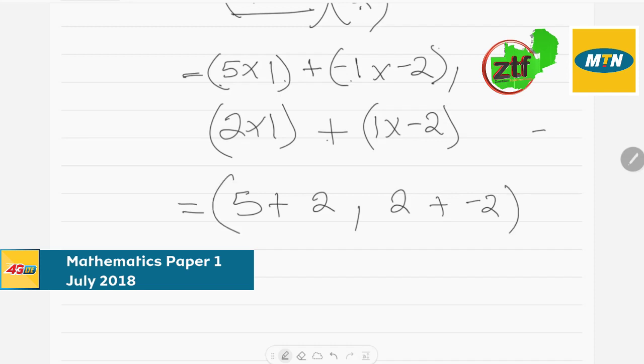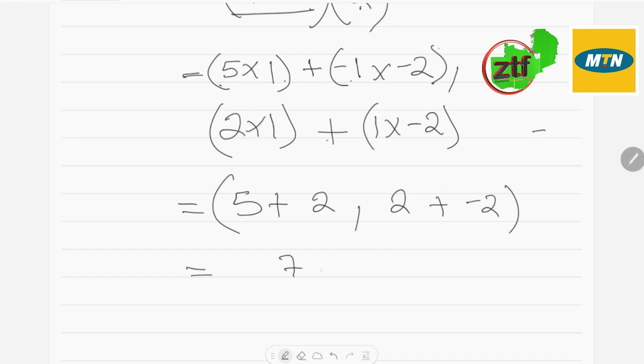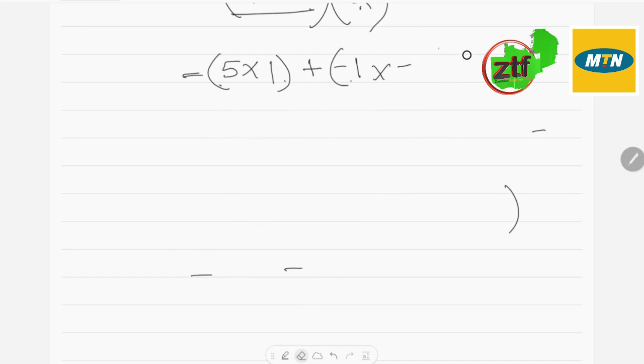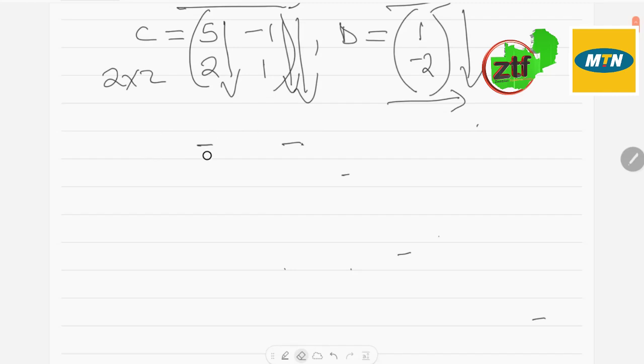I'm sure you're able to follow that. Then 5 plus 2 gives us a 7, and 2 plus negative 2 gives us a 0. So you end up having that. You don't need to stress there, boys and girls, as you revise that. We don't need to spend much time on it.